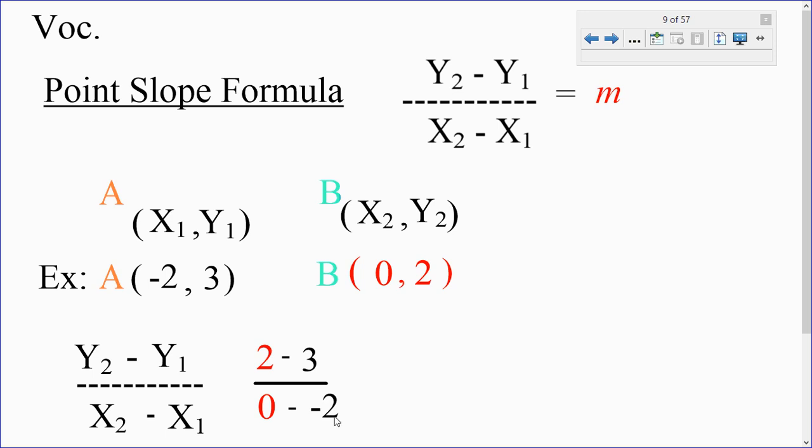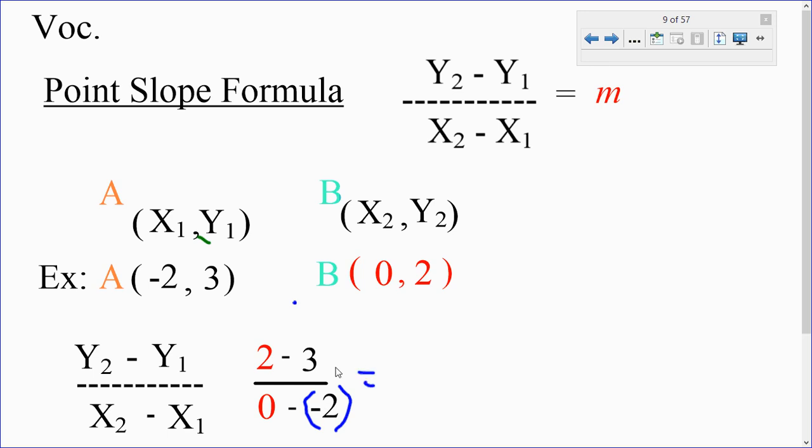And here's my x1 coordinate. And notice it's -2. So I'll need to put a set of parentheses around there, so that way you won't mix up the minus sign from the negative sign.